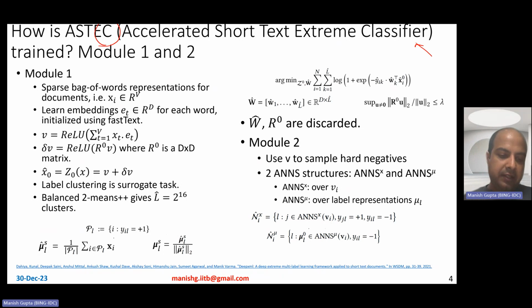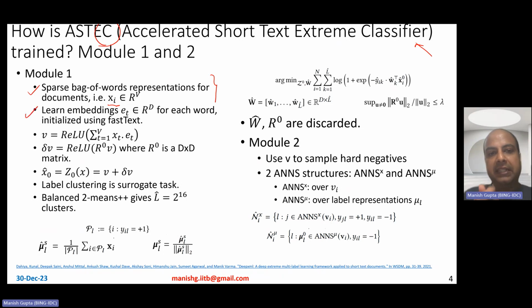So remember, Astec is for text, short text. So essentially, you start with text. You basically have xi being represented as TF-IDF vectors. It could be large documents also, but in our case, it's basically very short text, 3 to 10 words, remember? So it's like a small bag of words representation. Now, you basically get embeddings for this bag of words representation.